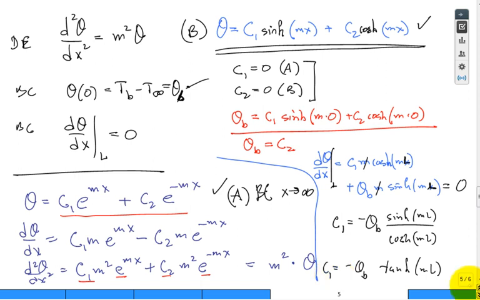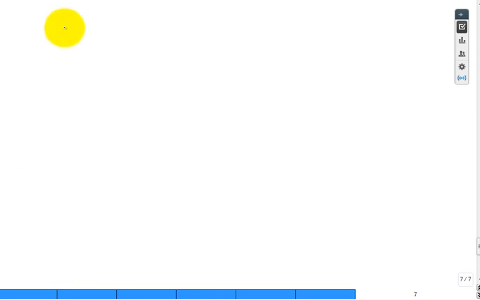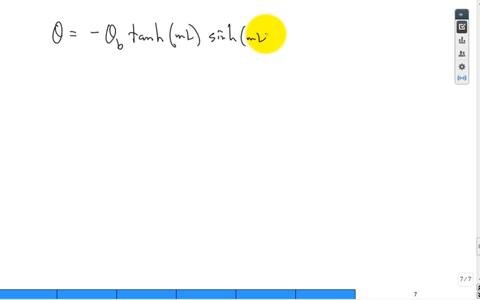So if I can, so we get that theta is equal to minus theta b hyperbolic tangent ml times the sinh of mx, plus theta b cosh of, that's not ml, mx, of mx.